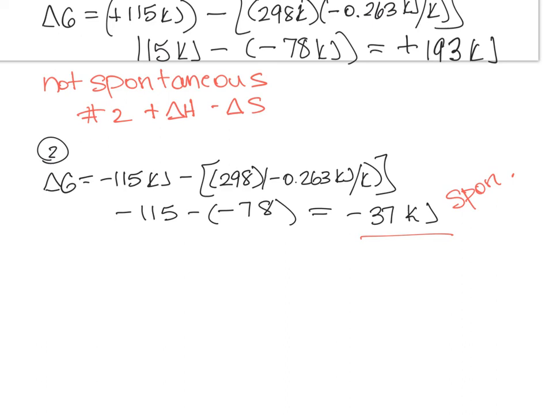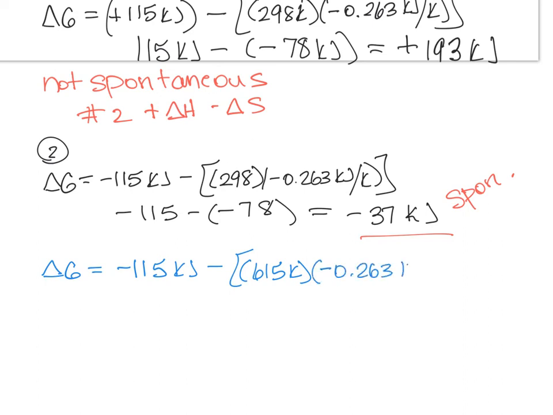We work the second half of number 2. This time, delta G is equal to negative 115 kilojoules minus 615 Kelvin times negative 0.263 kilojoules per Kelvin. All right, so we multiply 615 times a negative 0.263 equals, that's negative 115 kilojoules minus a negative 162 kilojoules.